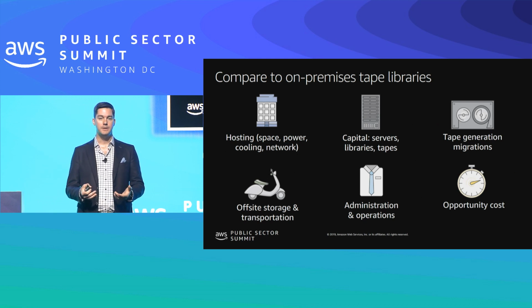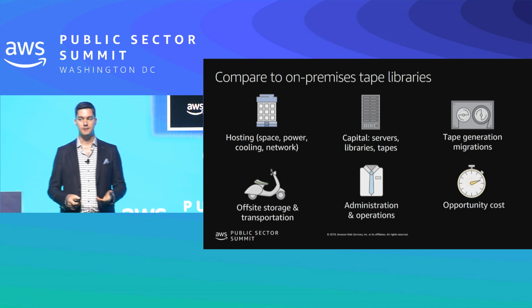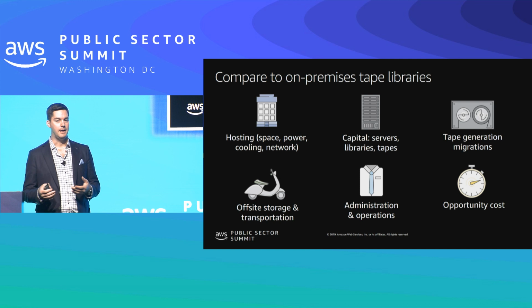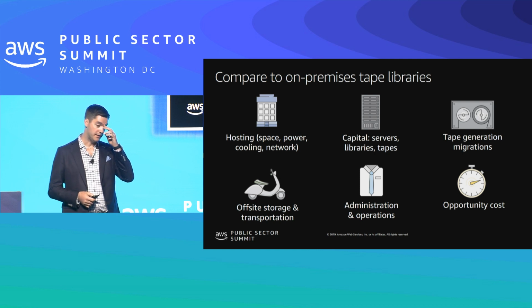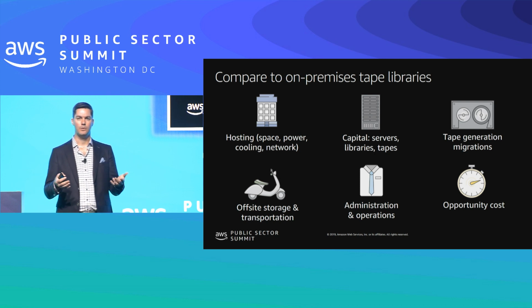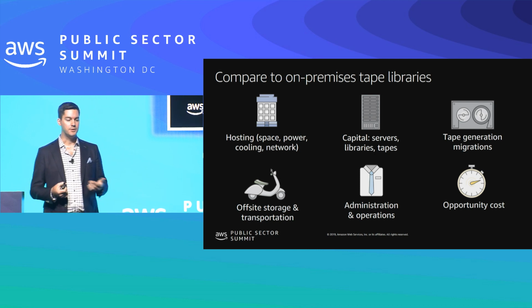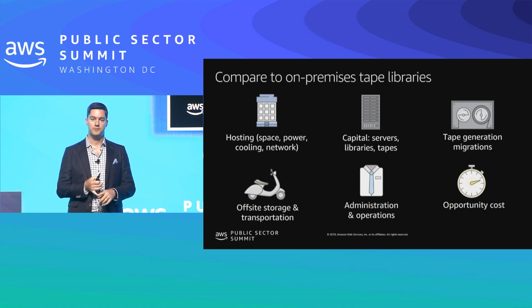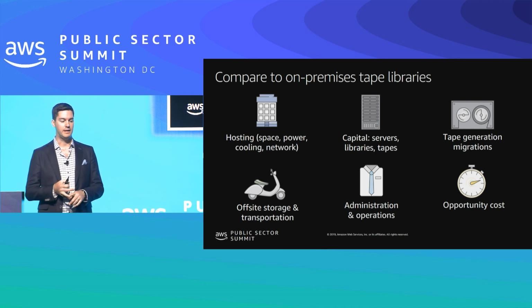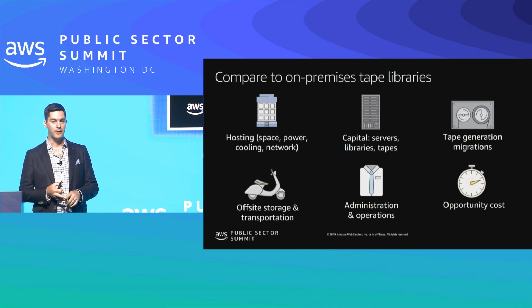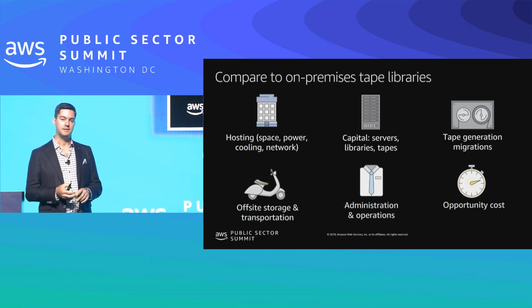And again, when you're doing these TCO analyses, it's important to benchmark an apples to apples comparison, right? So if you're thinking about, well, I've got an on-prem tape library, I'm looking at Deep Archive, how does this really work for me? Well, don't forget, you need space for those tapes, you need power for that library, you need to manage the environmentals, that's cooling, that's network.